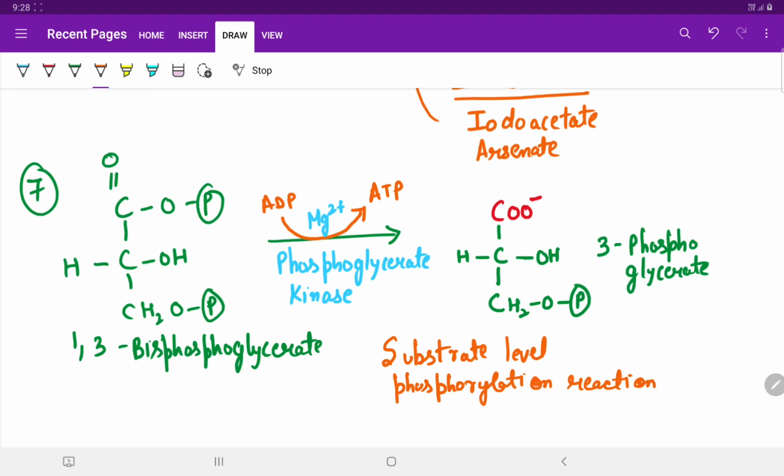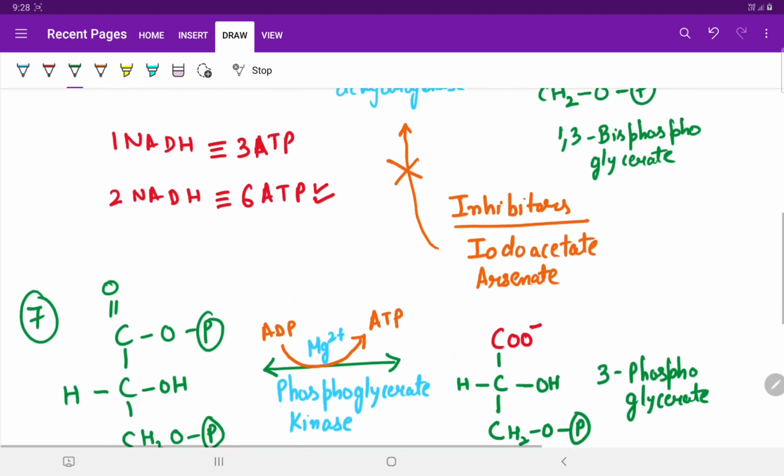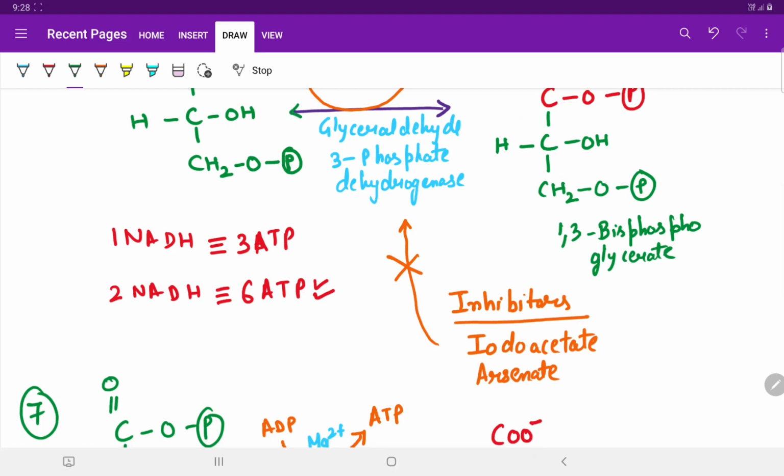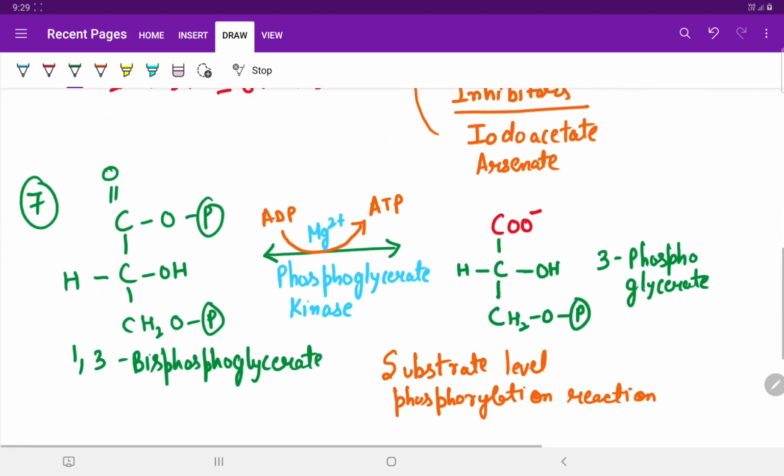The phosphoglycerate kinase reaction is reversible and a rare example among the kinase reactions. So this is an example of a reversible reaction, and among the kinase class enzymes, this is a very rare reaction.